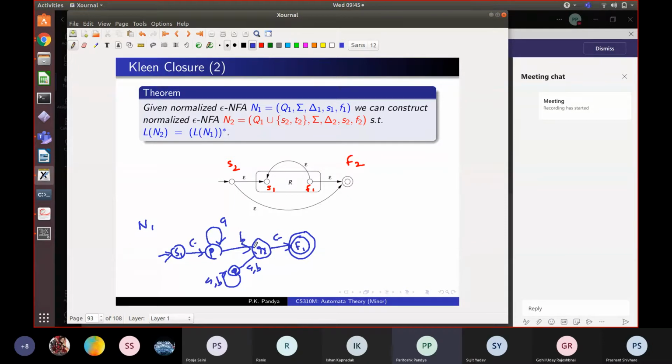All words where there are 0 or more A's followed by exactly one B. I can write this language in short notation as A star B, where A star denotes arbitrarily many occurrences of A, so 0 or more occurrences of A followed by B. That is the language it recognizes. We could have given a very simple automaton for this.